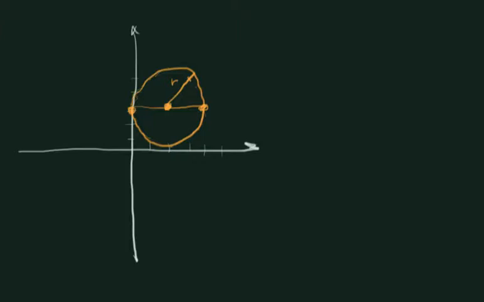Now, let's talk about lines for a moment. Here's a line that goes through the center and that point right there. Okay, that would be a horizontal line. All right, what's its slope? Well, its slope is 0 because slope is, it's rise over run.